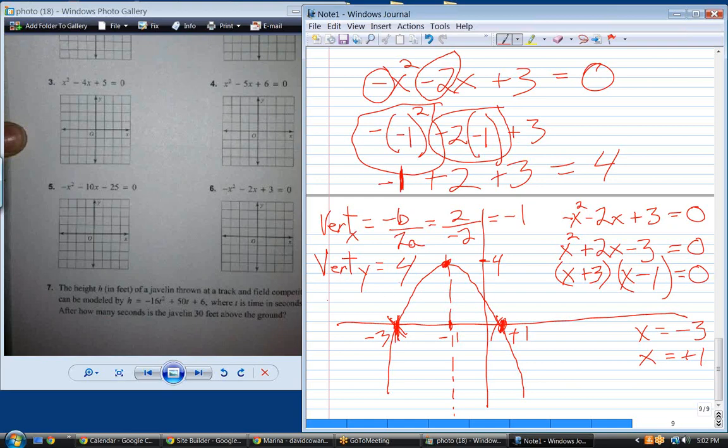I went through all of these calculations kind of needlessly because they didn't have anything to do with the solution. So all that did was tell me how to graph the parabola. But in order to solve this equation and figure out these x-intercepts, I had to do this process here.